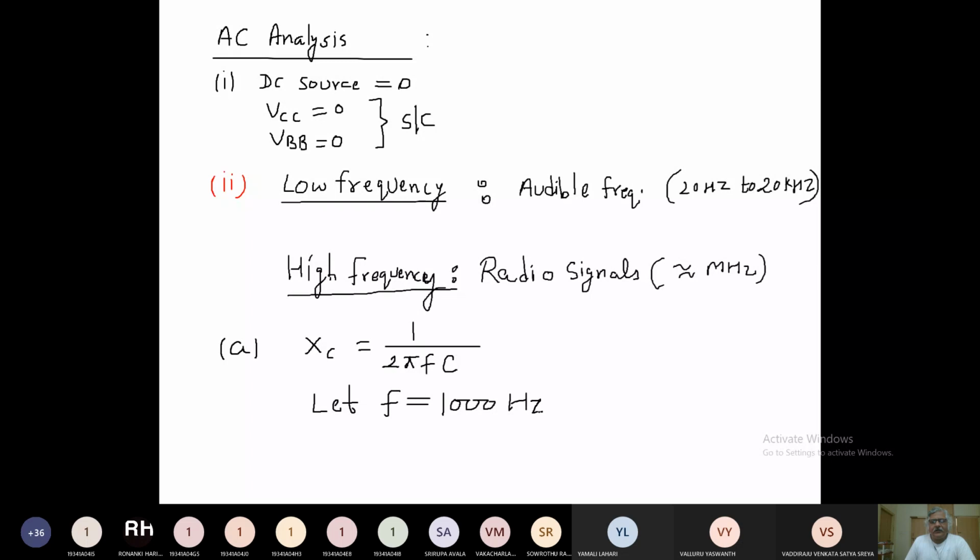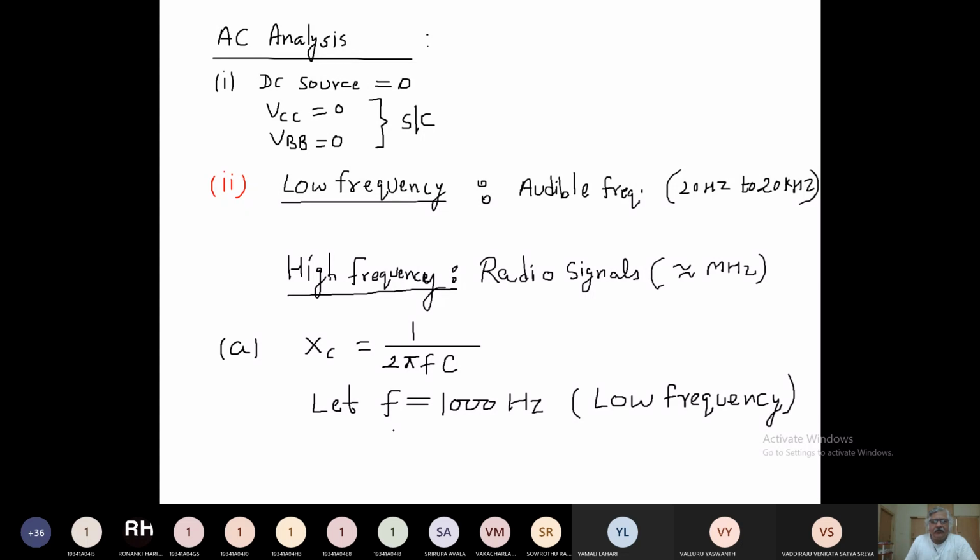So we are talking about low frequency, because a frequency in the range of 20 hertz to 20 kilohertz, the audible range, is categorized as a low frequency signal, right? So let us assume the frequency of a signal is 1000 hertz. We are talking about low frequency.